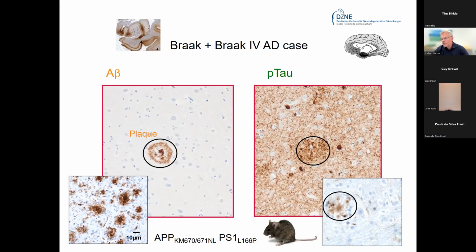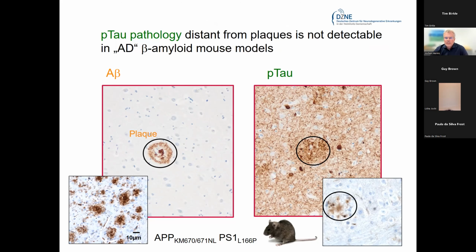The only thing you get is a slight phospho-tau positivity at the location of the plaque. So the dystrophic axons get labeled with phospho-tau, but at a distance from plaques, you don't have any phospho-tau. So it brings me to the point: phospho-tau pathology distant to A-beta plaques is not detectable in an A-beta amyloid mouse model.